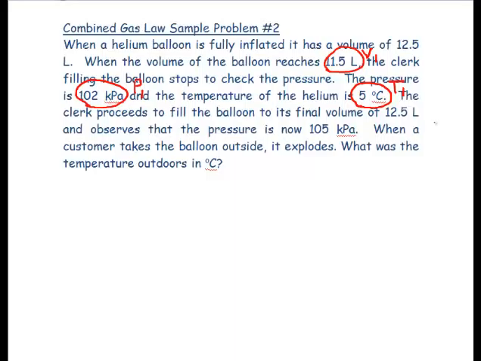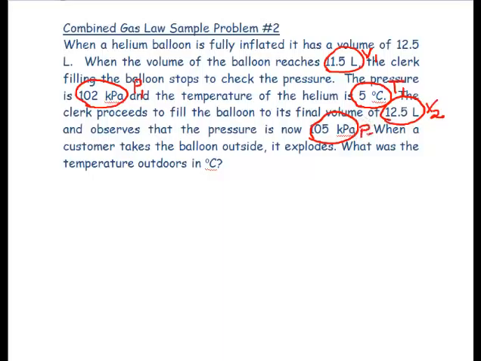The clerk proceeds to fill the balloon to its final volume. Final volume, 12.5 liters. So this is going to be V2. The pressure in that balloon when it's filled is 105 kilopascals. Okay, so that's P2.